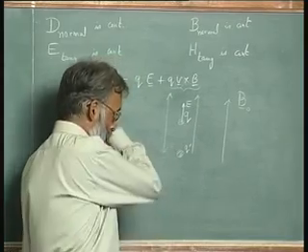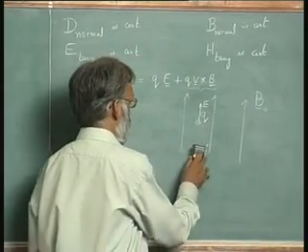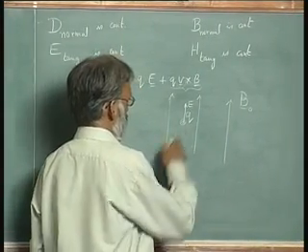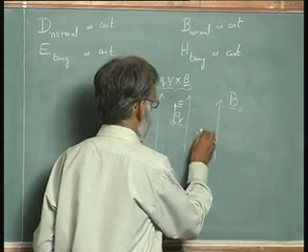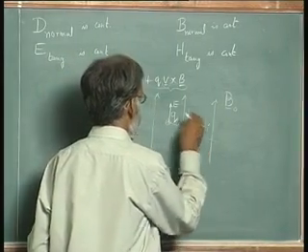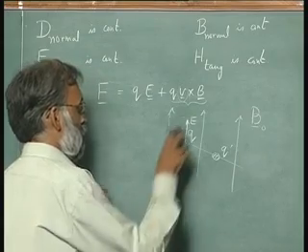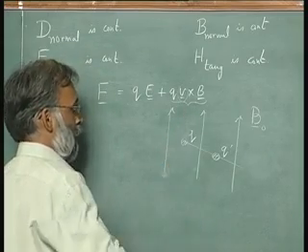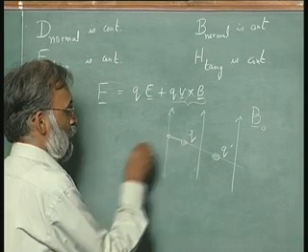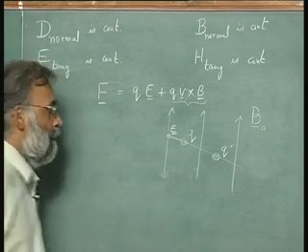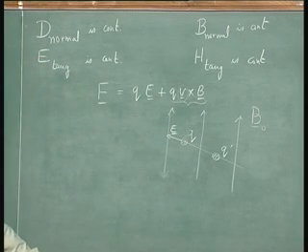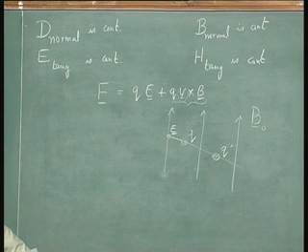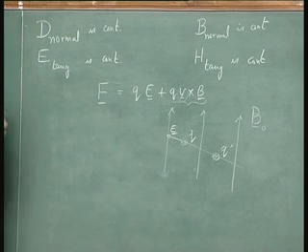There is an electric force. Now, I have not drawn this properly. Let me put the charge this way. So, the electric field is not along B, electric field is in that direction. And because of that electric field, there is a force.